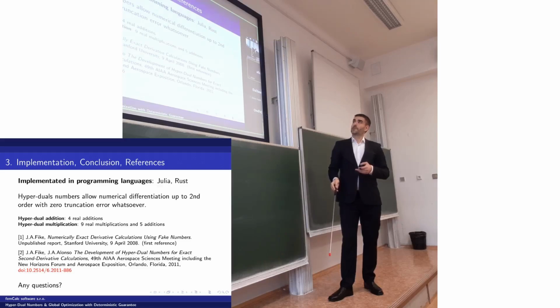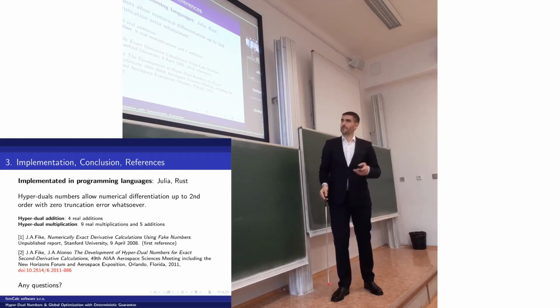If you look at implementations, for example, newer programming languages like Julia have a standard implementation of hyperdual numbers. There are some libraries, for example, in the Rust programming language. But this is so easy that you can program it in any language in a couple of hours, so this is not a problem. It works amazingly. Of course, it costs something.